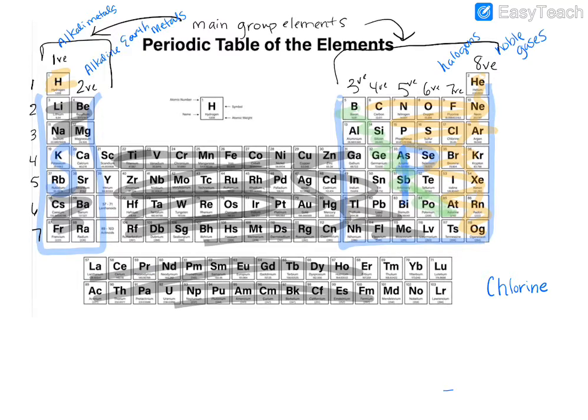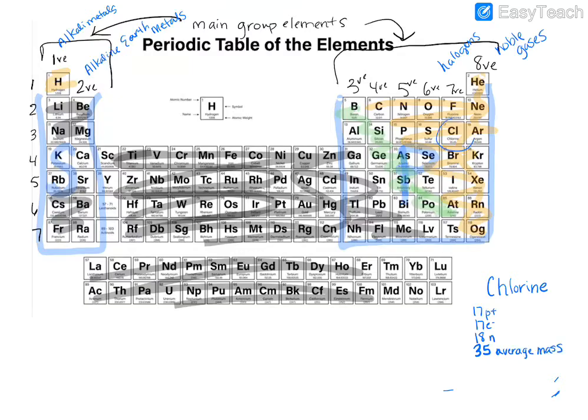It has 17 protons and 17 electrons. That's because the atomic number is 17. Its average atomic mass rounds to 35. So 35 minus 17 is 18. So that means it has 18 neutrons.